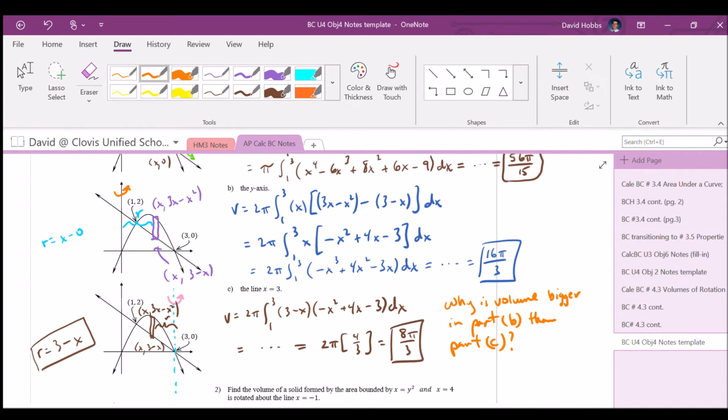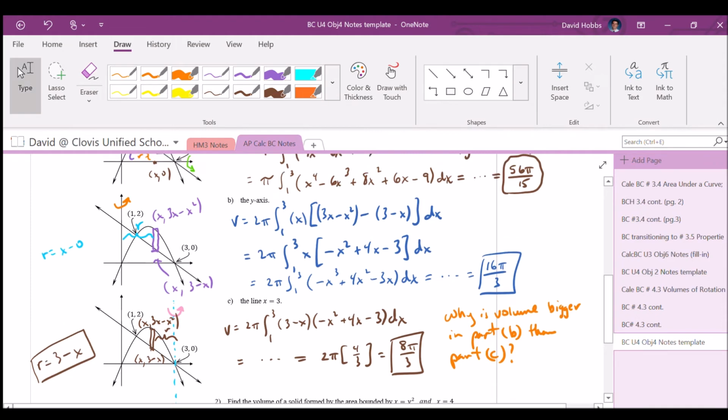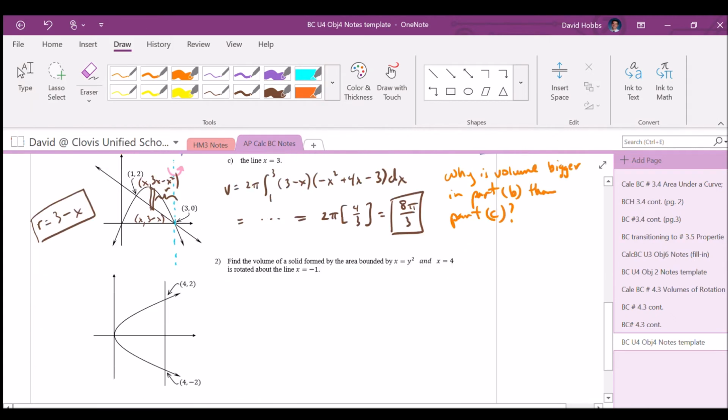The one that is closer to the axis of rotation will always generate a smaller volume. Okay, so keep that in mind. That's a good thing to understand and be able to deal with.